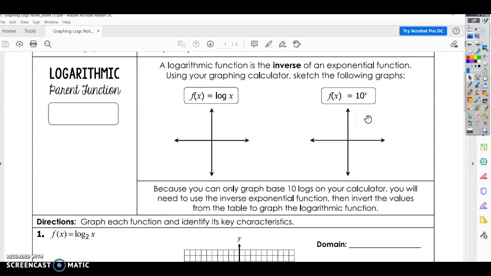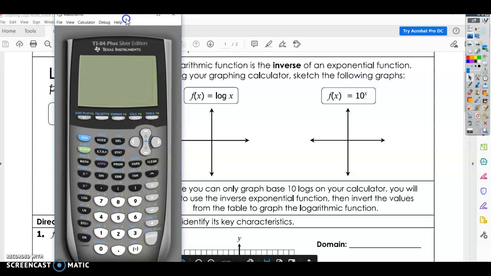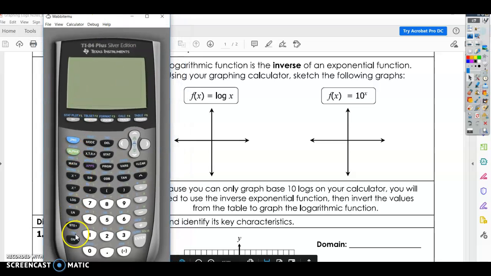So to graph these, it says to use your graphing calculator to sketch the graph. If I want to sketch the graph of log of x, using your graphing calculator, if you turn this on, let's clear these out and start over.